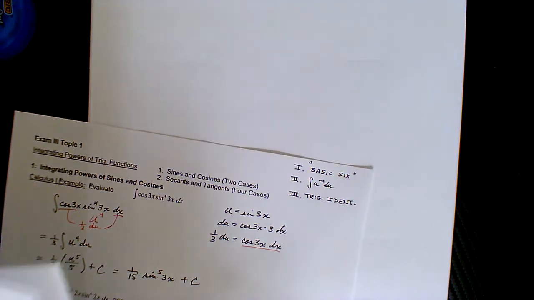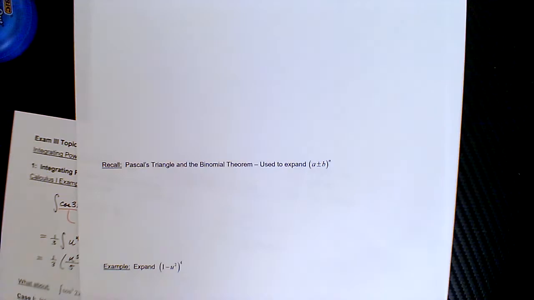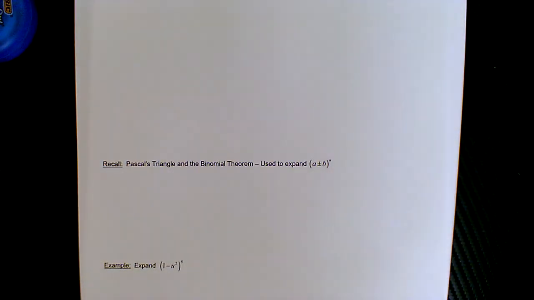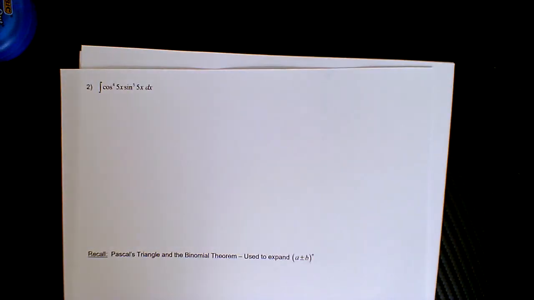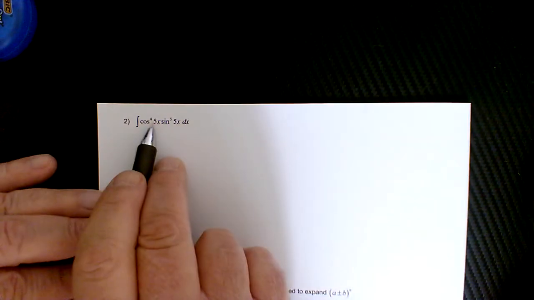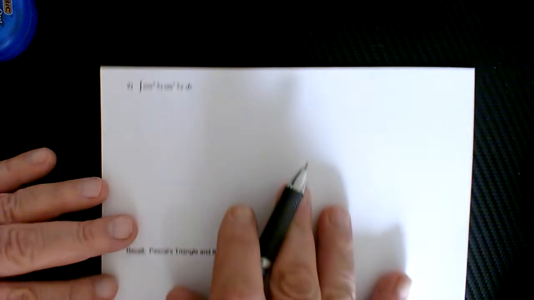So on the next page, here's another example at the top of the page there. So we have cosine to the 4th and sine to the 5th.